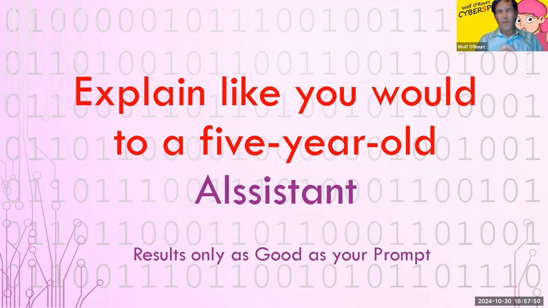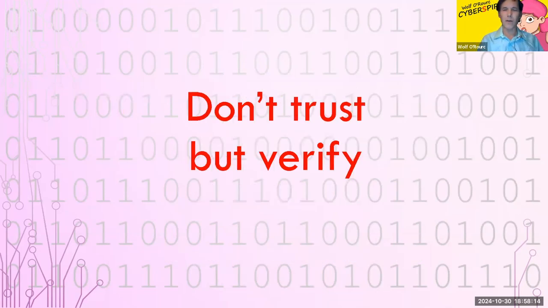And as I said, the computer only understands 0s and 1s. Everything else is done by programs and by their training, and they don't have the experience. You have to explain to AI like you would to a 5-year-old. It's an AI assistant. That's the best it can do. And again, the results are only as good as the prompt.